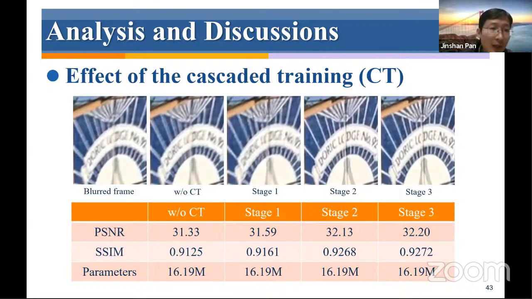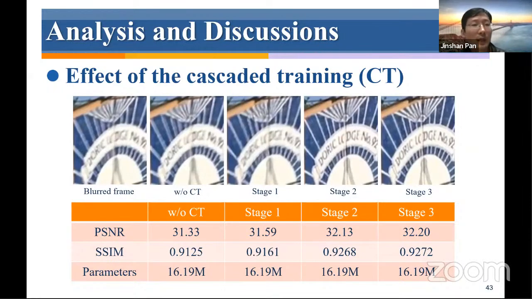The results show that without using cascaded training, it's not able to remove the blur well, like this figure. While using the cascaded training method obtains much clearer frames, but the network parameters are still the same as this baseline method.